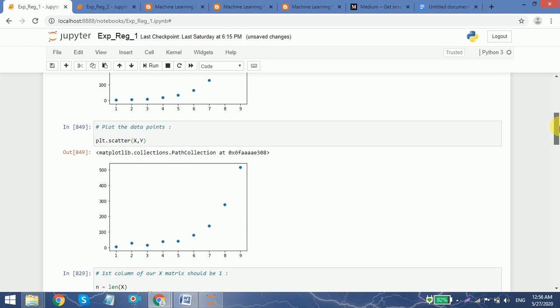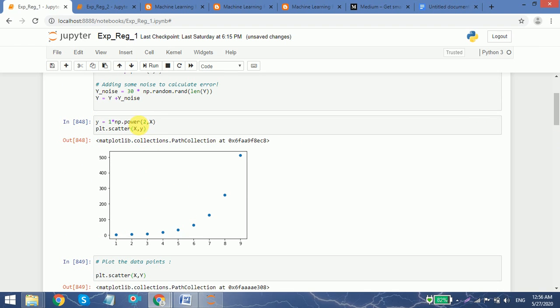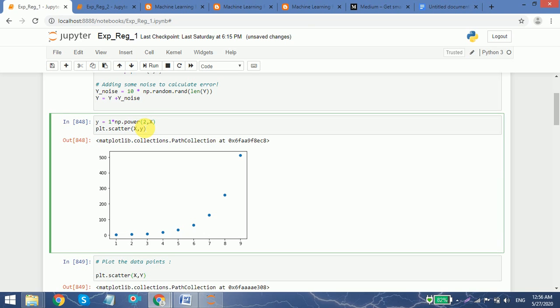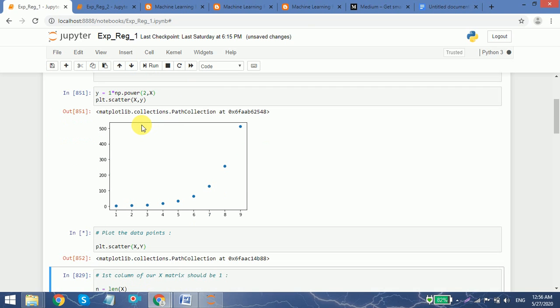You can see that the second point is shifted upwards, and the fourth point is also shifted upwards. I'm going to just keep it at 10. You don't have to worry when you are working with real life data or any data set that we have in a CSV file.